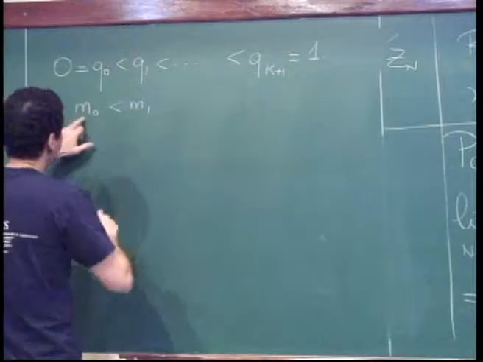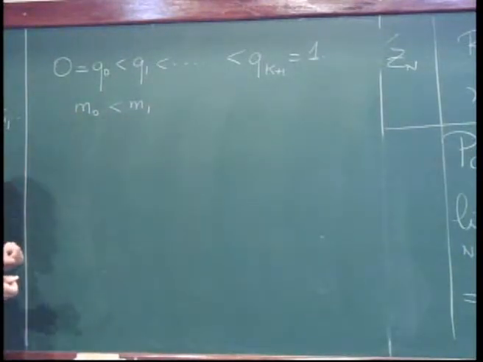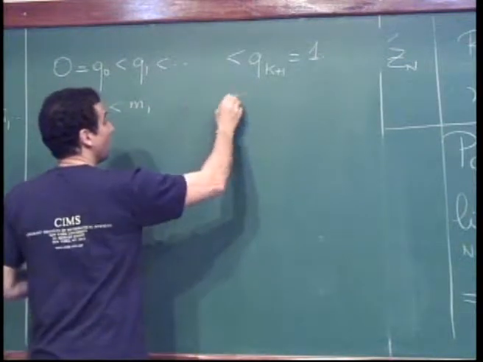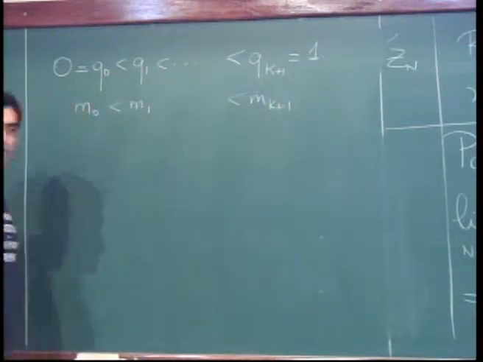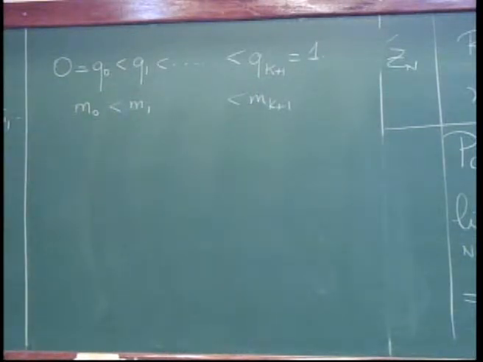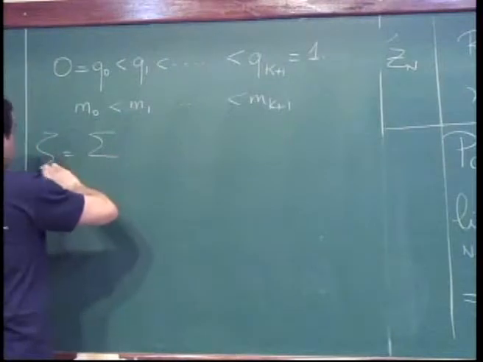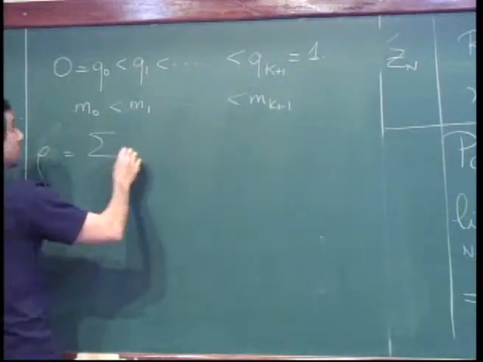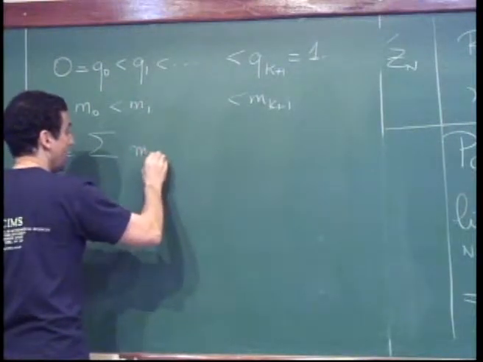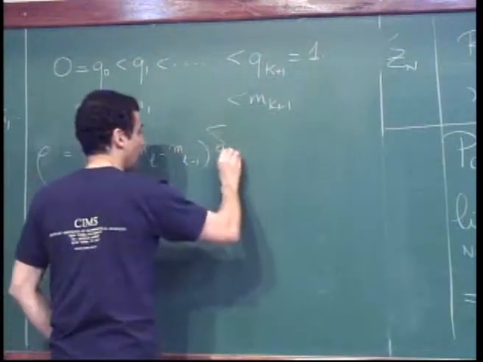So I will assume this. Because, no, this will not be the mass of the atom. This will be the values of zeta. The mass of the atom will be the differences. Okay? So if you want, rho is the measure sum of m_l minus m_{l-1}, Dirac mass at q_l.